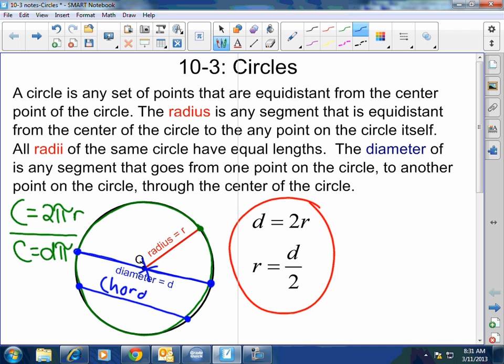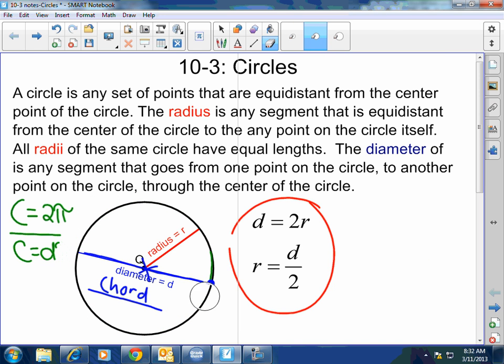You're going to learn that later in geometry, but now you have a little heads up. If the segment goes from one point to another point through the center, it's a diameter. If it goes from one point to another and does not go through the center, that is called a chord. So that in a nutshell is a circle, what it's made up of.